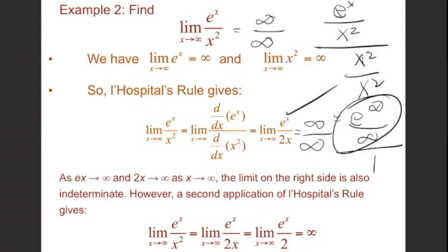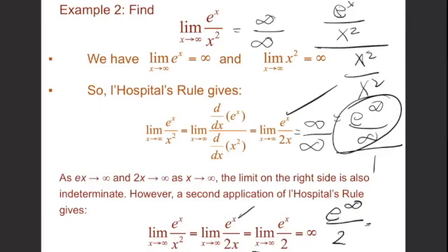So, applying it the second time, what's the derivative of e to the x? It still is e to the x. What's the derivative of 2x? The answer is 2. So, you now have the limit of e to the x over 2 as x approaches infinity. When you evaluate this limit, we have e to the infinity divided by 2.